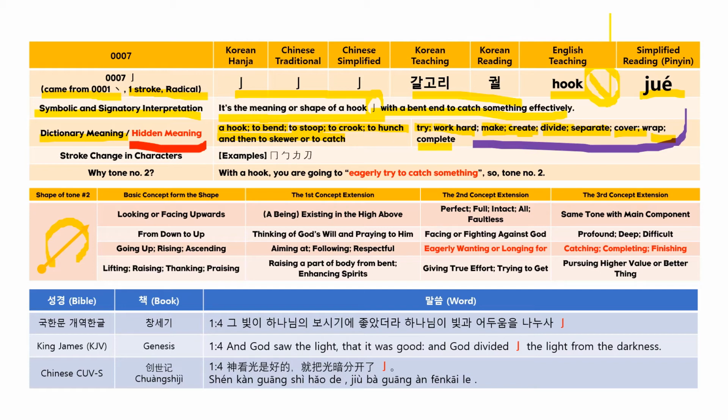When you think about the concept of divide and separate, if you want to prosper for your family, for your nation, for your tribe, whatever, God gave us an order to spread on the earth, because in that way we can prosper on the earth. So divide and separate, one of the hidden meanings.